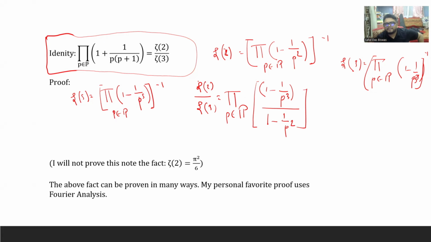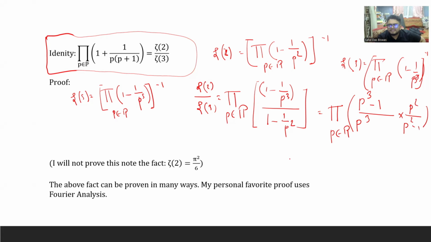Why? Because zeta 2 is the reciprocal of this, right? And zeta 2 is up here, and this is the reciprocal of this. So zeta 2 is just 1 by p to the power s, and zeta 3 is here, so zeta 3 is the reciprocal of this, so it will go up, right? So this is actually the product of (p squared minus 1) by p squared into p cubed by (p cubed minus 1).